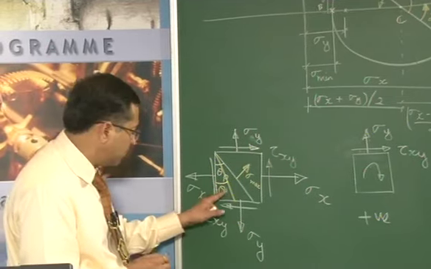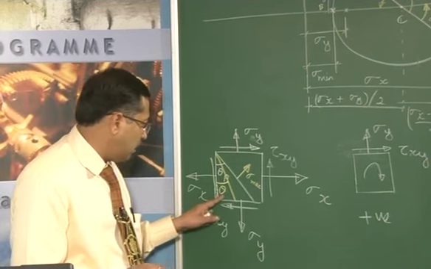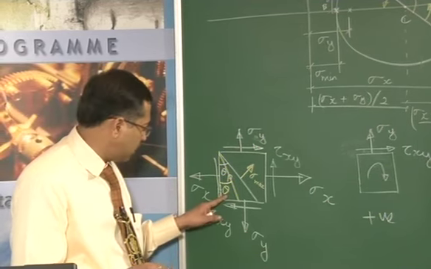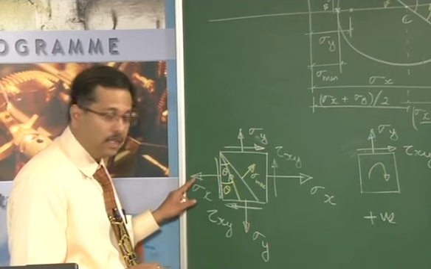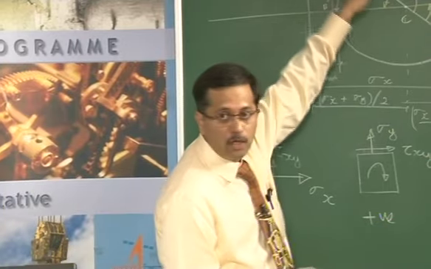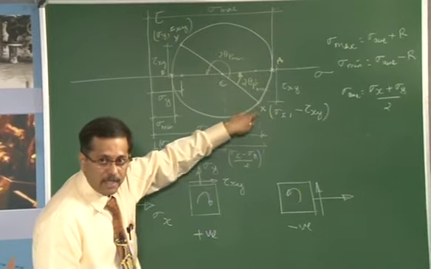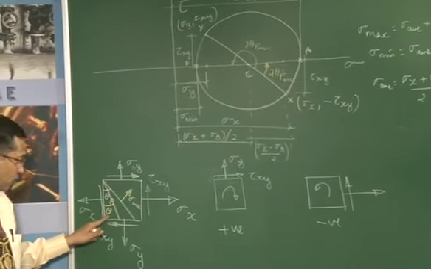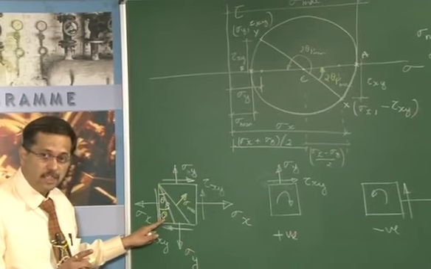The angle that we are measuring, theta, is with respect to the plane where sigma x is acting. If I look at the Mohr circle, this corresponds to the line Cx.